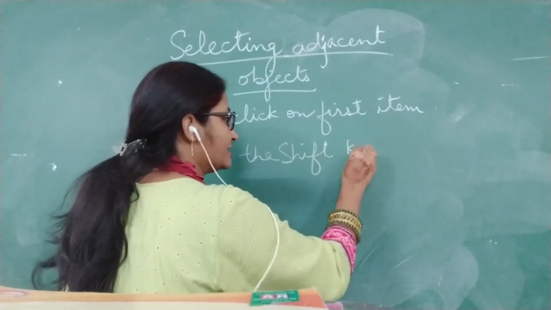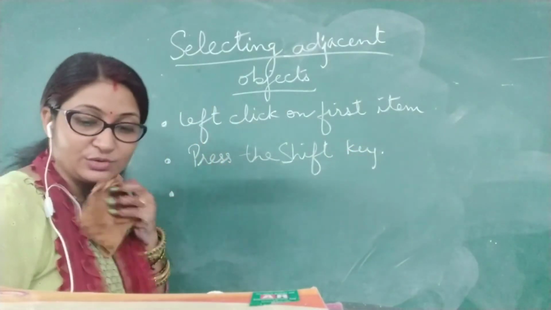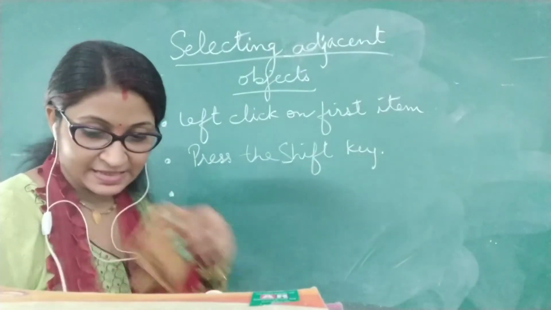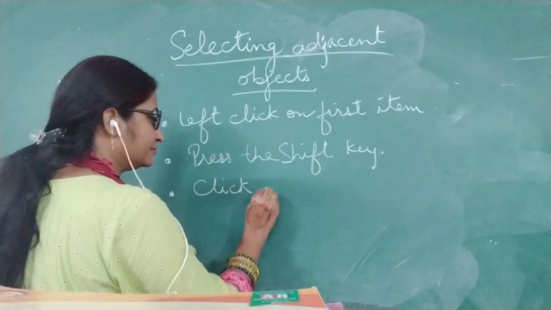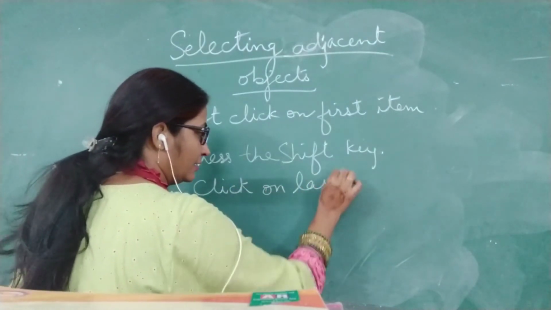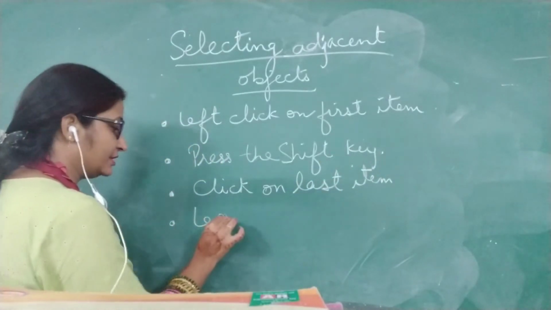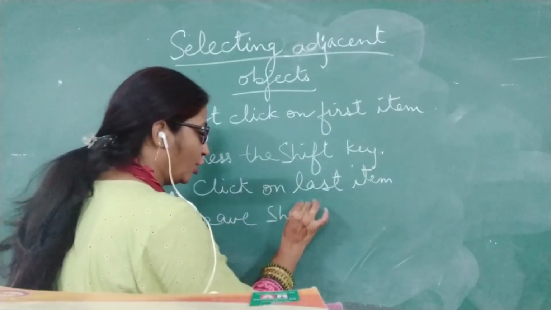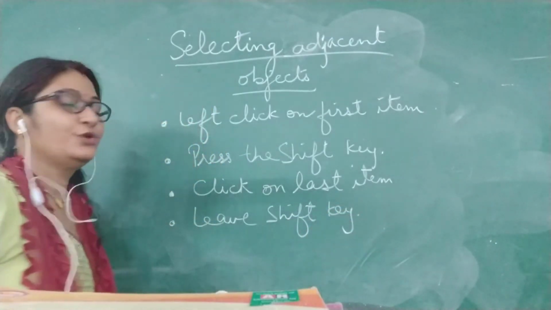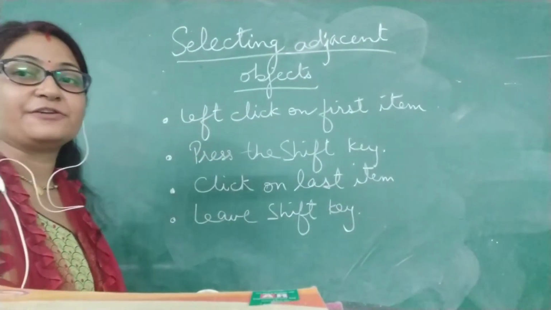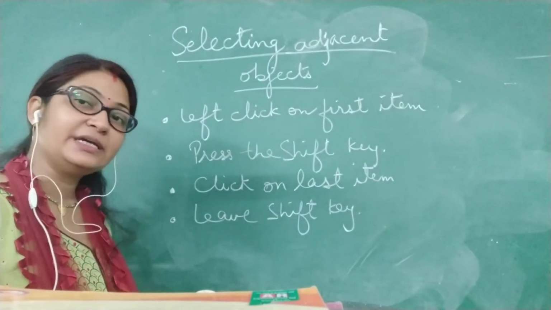Next, click on the last item, and then release the shift key. This is how you can select different adjacent items, which come one after the other.